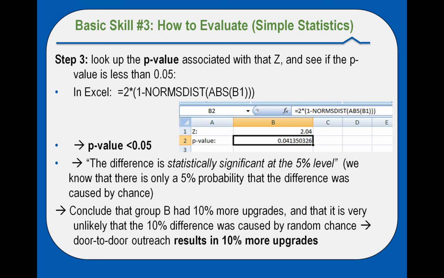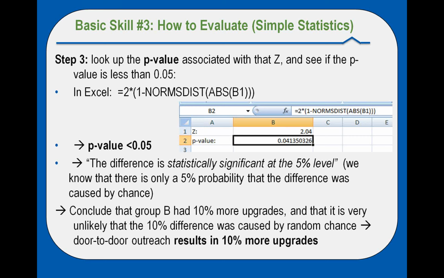So if you had the phone people and the door-to-door people, again, group A and group B, and there's a difference of 5%, that means that with 250 people in each group, you could actually detect that difference and say that it's statistically significant.